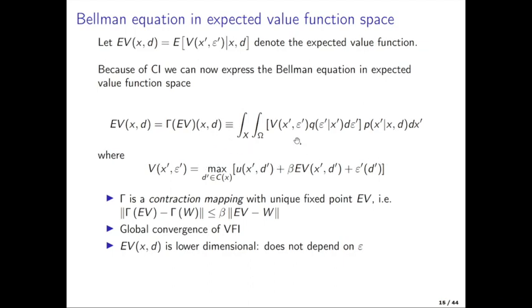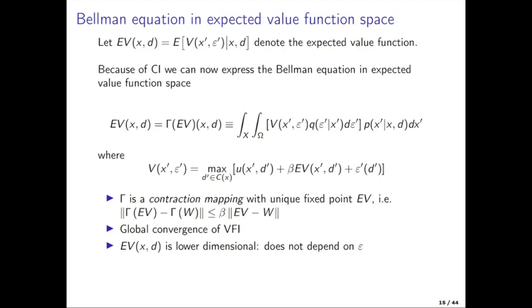Here the value function is the same as before, but what I've highlighted is that the value function is now a max of the utility plus the expected value plus the epsilon. So now you have inside here the expected value, and on the left-hand side you have this expected value. We have now represented the Bellman equation in terms of this new Bellman operator gamma, which works on the expected value function space rather than value function space.